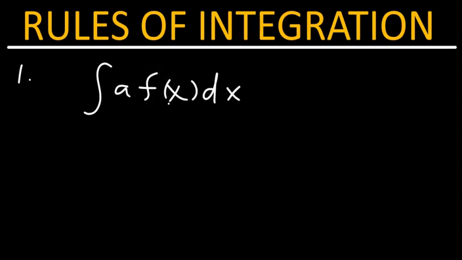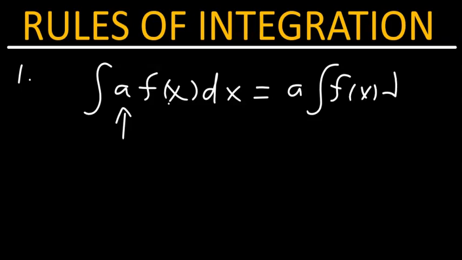Now, two important rules. If you have an integral like a f(x) dx, where a is a constant, then the constant a can be taken out of the integral sign and be written like this. So this is rule number 1.